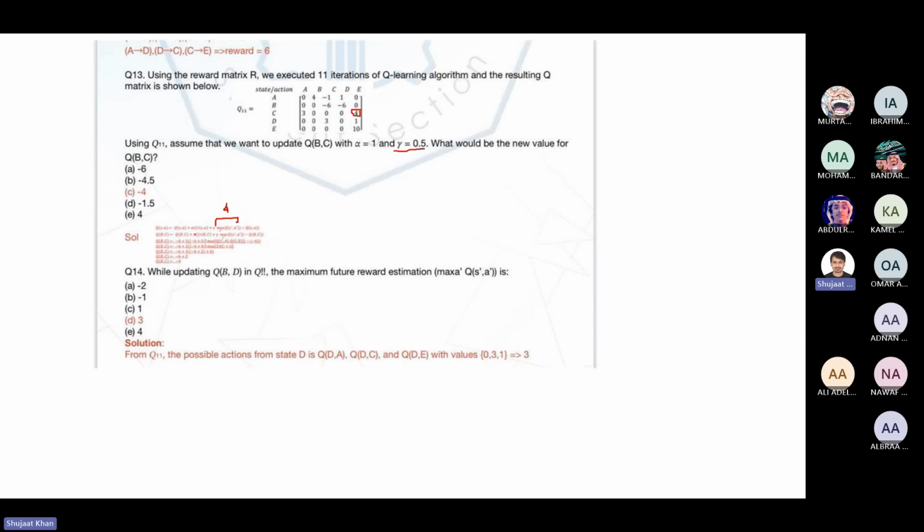And the current reward, where is the R matrix? I think we don't have the R matrix. It should be given on the top of it. Can you share the complete question? Because the R matrix is not here.